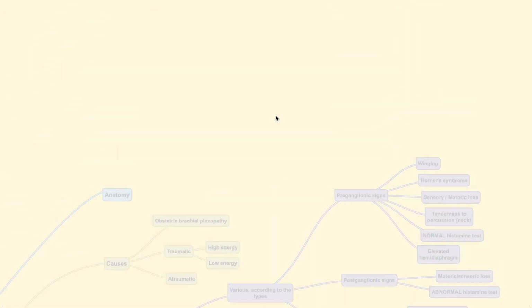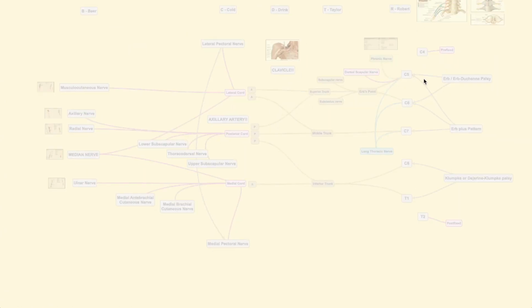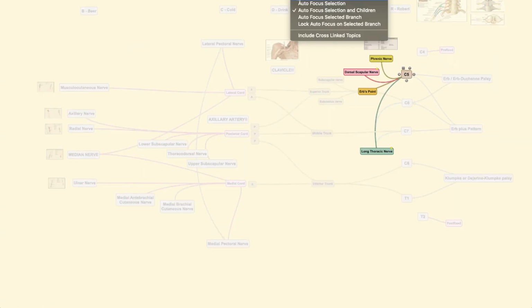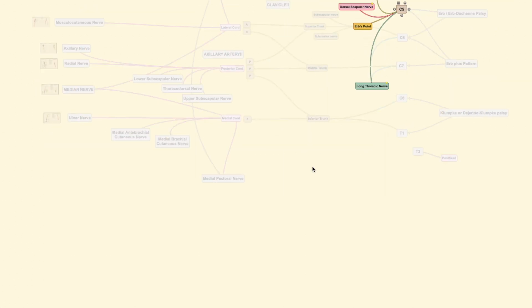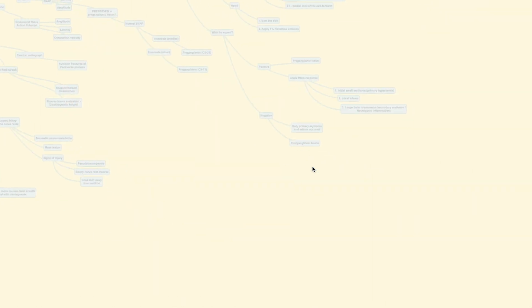So once you know that the patient has an upper lesion, and you know that it is not a pre-ganglionic injury, it's a post-ganglionic injury, you need to determine whether the lesion is over here at the superior trunk or way down at the cord or even the branch region. So what we do is we do a certain physical examination to differentiate these two parts. So let's go back to this area here.